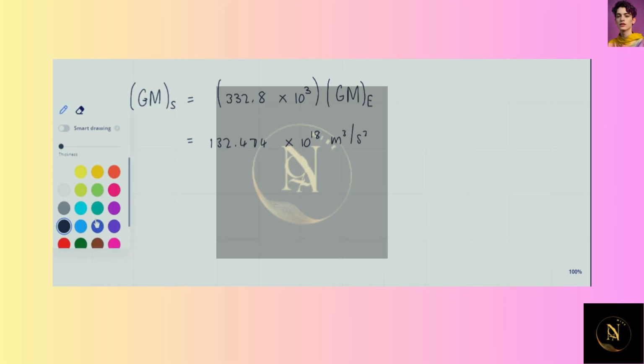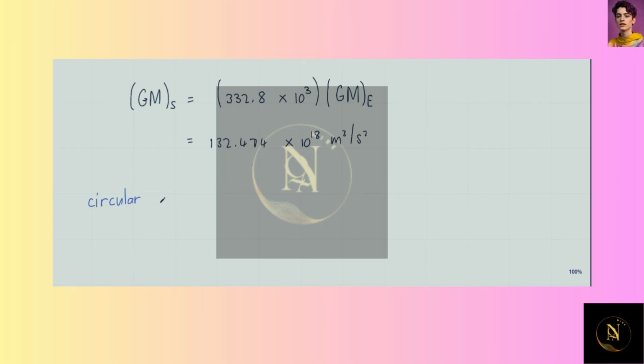Now, the first thing we'll do is look at the circular orbit of Earth about the Sun.